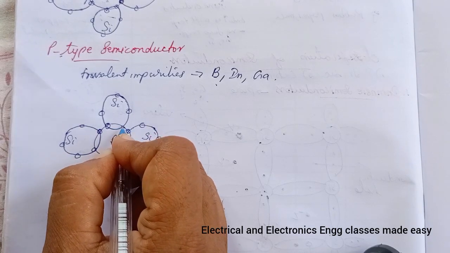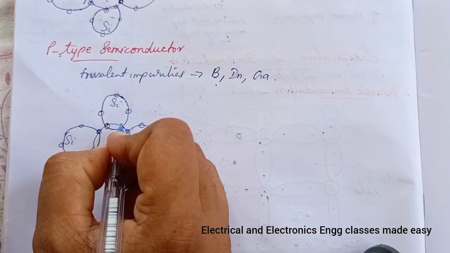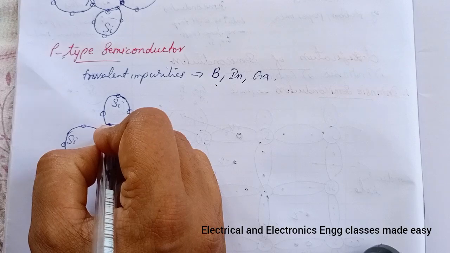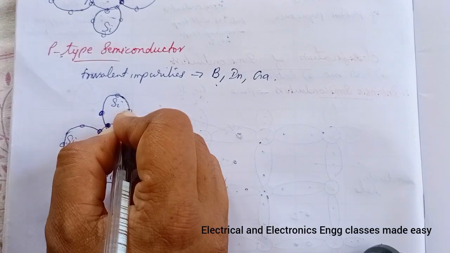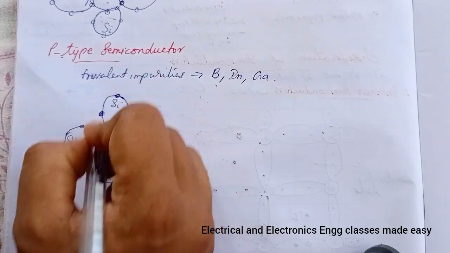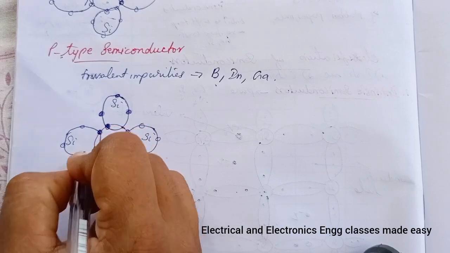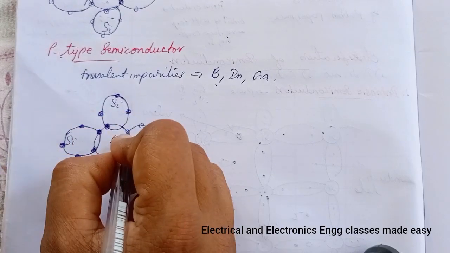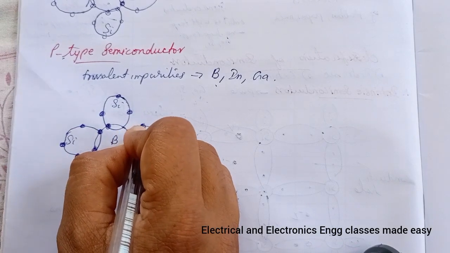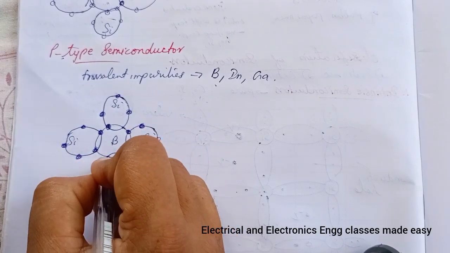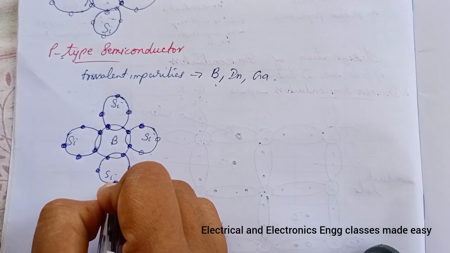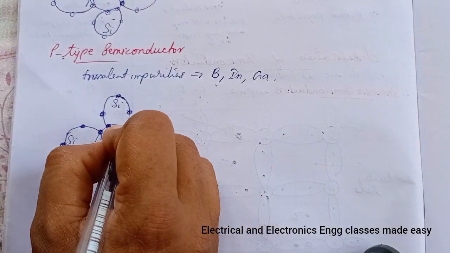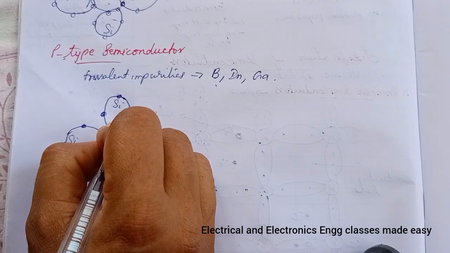Here one vacancy of an electron is there, and that is called a hole. So there will be a hole here.